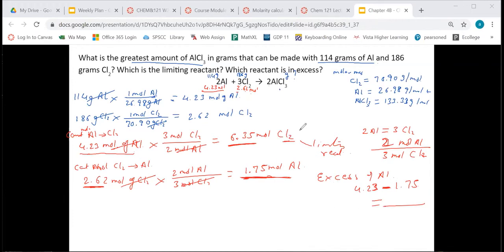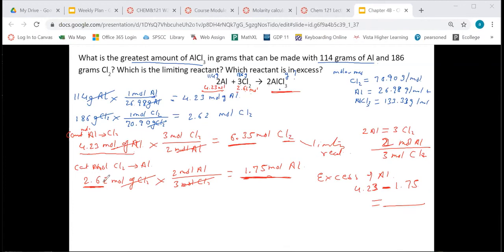Why is this excess? Because in this reaction, to figure out how much aluminum chloride is formed, which one do you use? Are you going to use aluminum or chlorine? You're going to use the limiting reactant, because that is going to be used up.